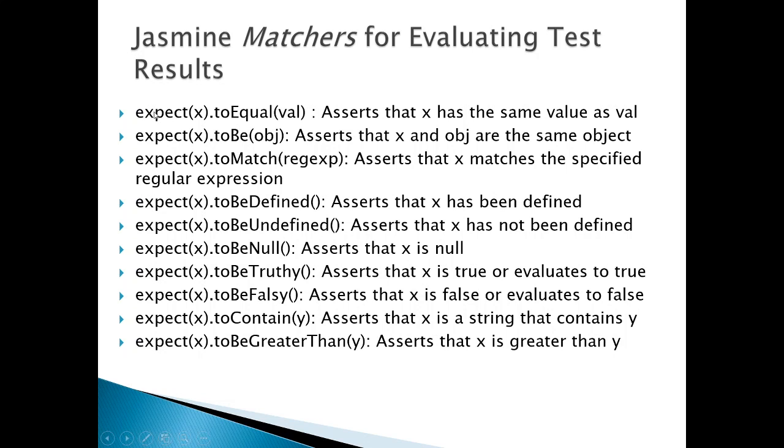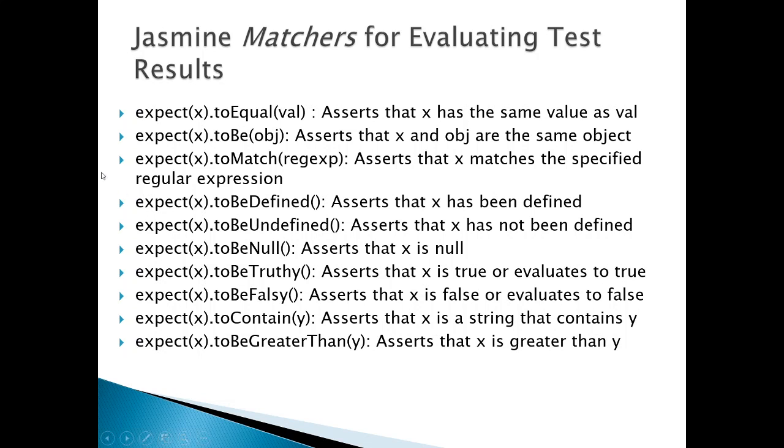These are all the options: expect, toEqual, toBe, toMatch. These are the different operations that can be performed. These are called assertions. Assertions are basically different possibilities of checking the input from the user. So in front end testing, we provide different types of inputs, and we expect that this will be our output.